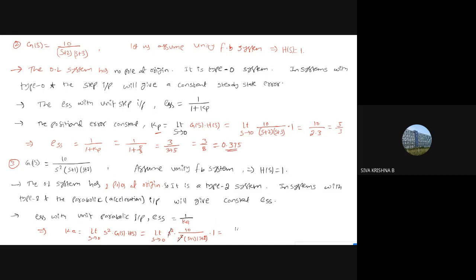So remaining is 10 by 1 into 2, that is equals 5. So now ESS equals 1 by Ka, that is 1 by 5, that is equals 0.2. Yeah, that's it. That is the left ESS. Completed, huh?